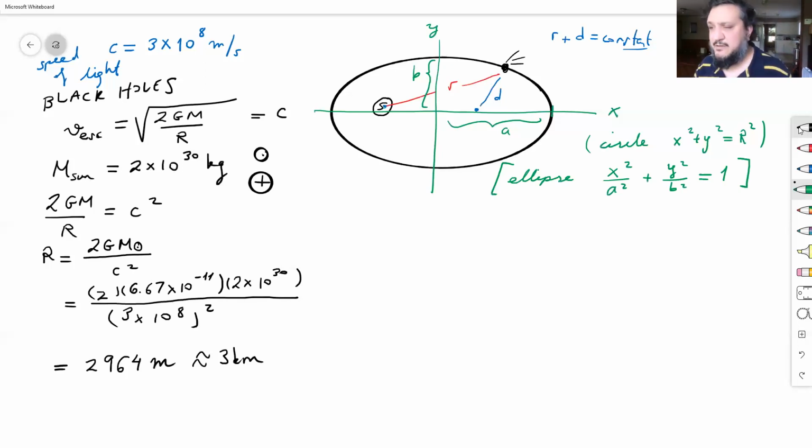You can read about that, but the point is it's not a circle, and as the comet goes around the sun, it speeds up when it gets close to the sun and slows down when it goes away from the sun. The velocity vector is still tangential, but it's not perpendicular to r anymore.